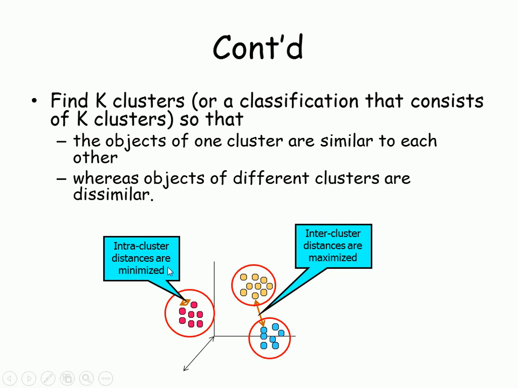Ideally, you would want to minimize the intra-cluster distances. You want things that are closer to each other to be in a single cluster. And you would want the inter-cluster distances to be maximized. You want to push away things that are not clustered together.